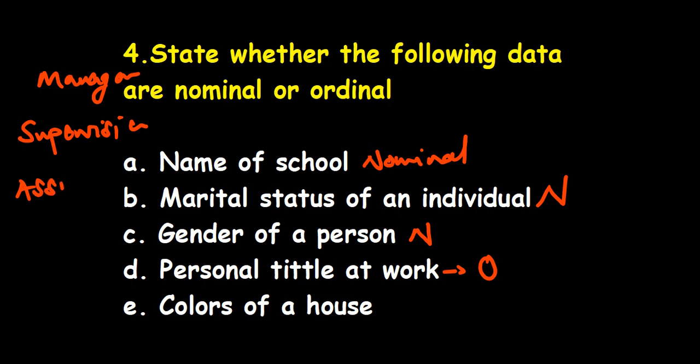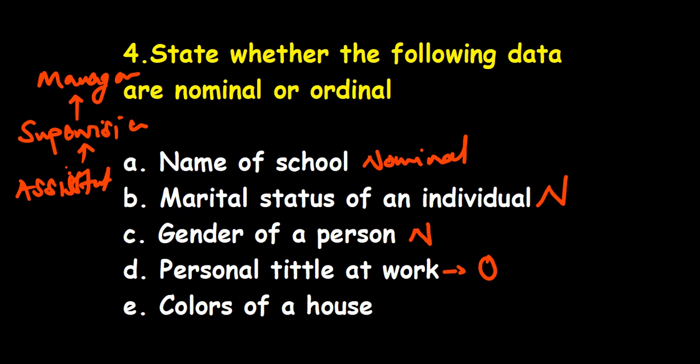So in this way we are showing order, we are showing hierarchy. The personal title at your work shows the position of where you are in that specific company. So we have the head teacher, the deputy head teacher, senior teachers, just like that. So personal title at work is ordinal data because there is order there.